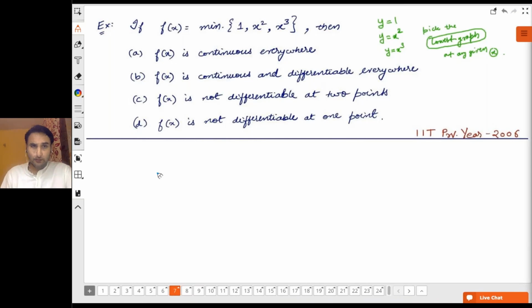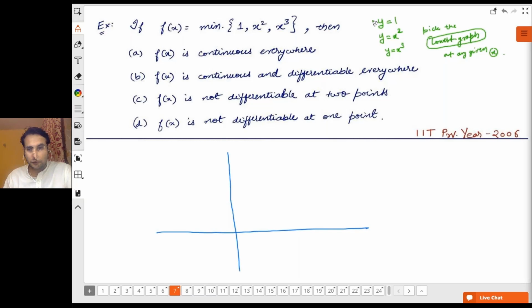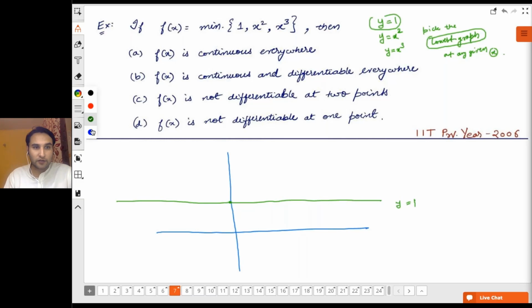See how fast I will do it. I will first of all plot the graph. Which all graphs will I plot? First of all y is equal to 1, which is obvious graph. Y is equal to 1, constant graph. Then let me plot y is equal to x square.